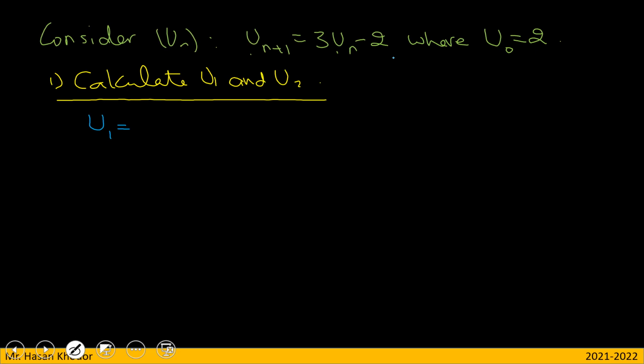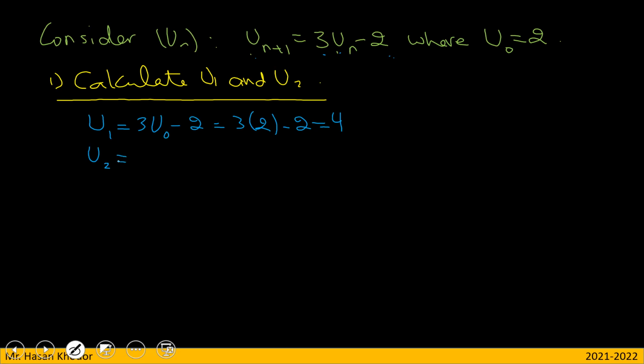How do we obtain u1 from u0? There is a rule that covers all the terms of the sequence. Every term is equal to 3 times the preceding term minus 2. So u1 is 3 times u0 minus 2, which is 3 times 2 minus 2. I get 6 minus 2, which is equal to 4.